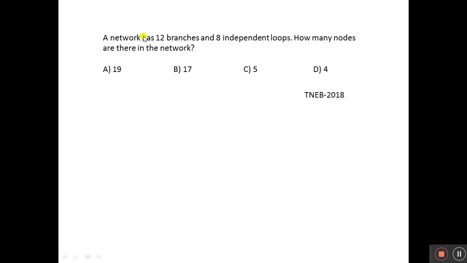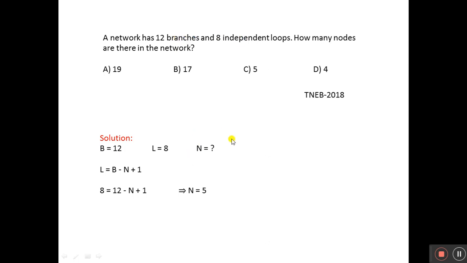Next, this question was asked in TNEB 2018. A network has 12 branches, 8 independent loops. How many nodes are there in the network? Option A 19, option B 17, option C 5, option D 4. So number of branches is 12, loops is 8.